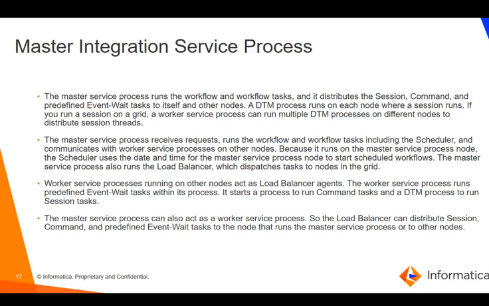So if the integration service is running on a grid and there are 3 nodes, it is the load balancer component running within the master integration service process which will choose where to dispatch session 1 and where to dispatch session 2. Wherever it dispatches, a PM DTM process will be forked from the integration service process running on that particular node, and it will start executing the session.